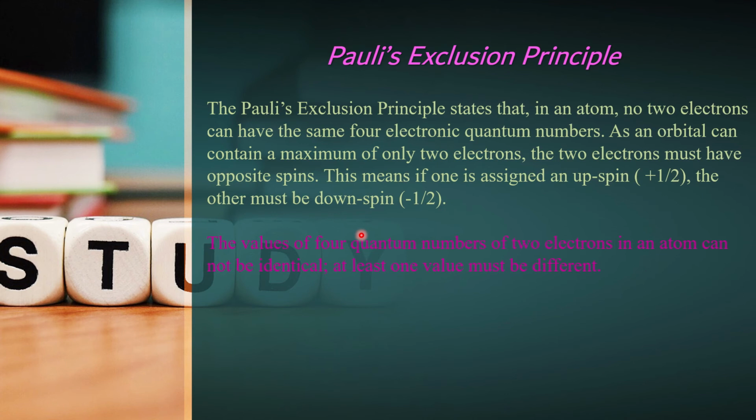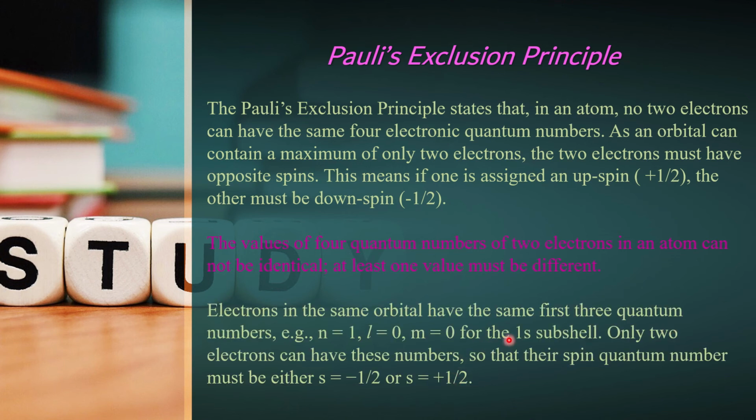That means, by Pauli's exclusion principle, the values of the 4 quantum numbers of 2 electrons in an atom cannot be identical. At least one value must be different.